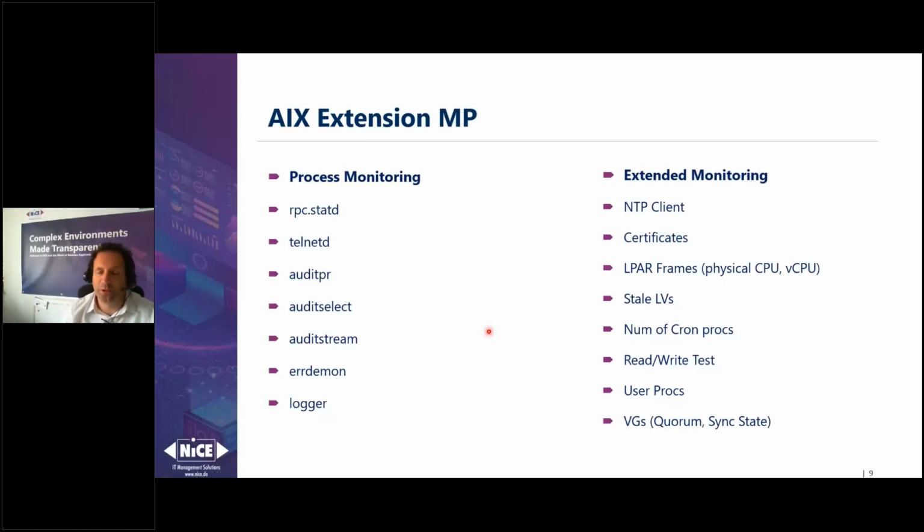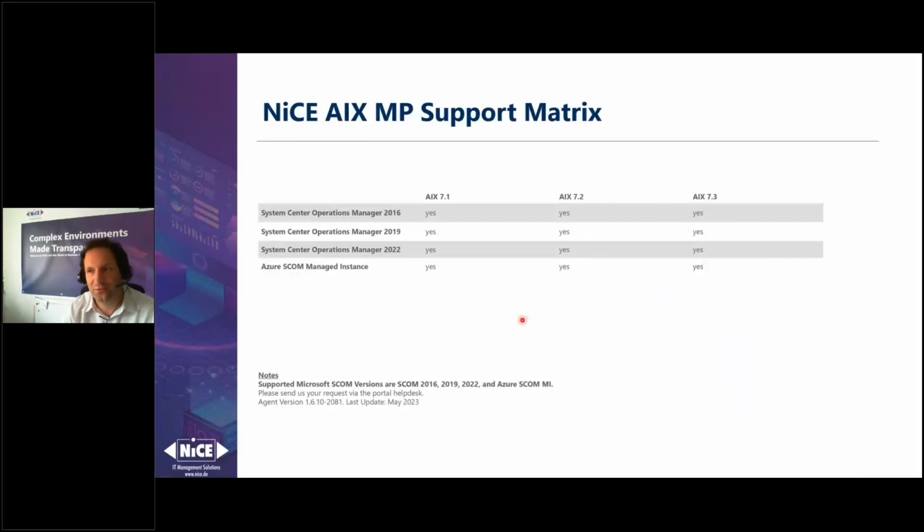It has full support. When I created the slides for today's session, I was thinking of putting a photo of our data center on there where all the IBM Power systems are. We have an extensive IBM Power Lab with PowerVM, HMCs, NIM, and all the other components which belong to that, just to make sure that all the different flavors are tested. We also decided to go back even to an older version, AIX 7.1.